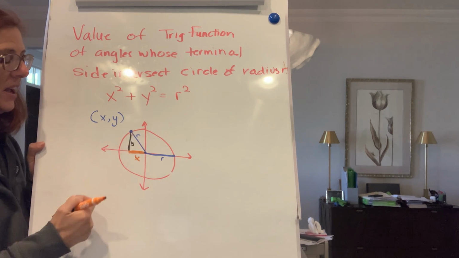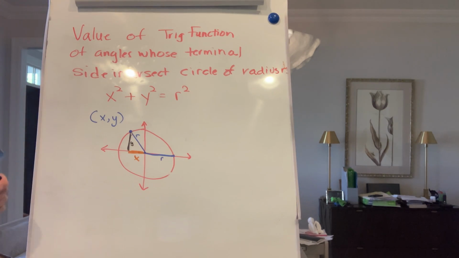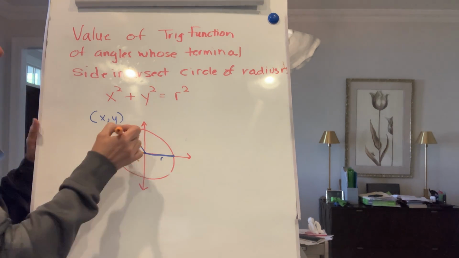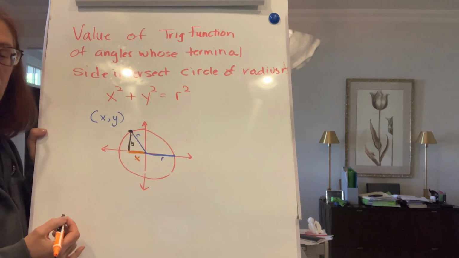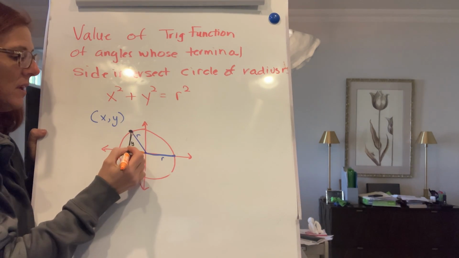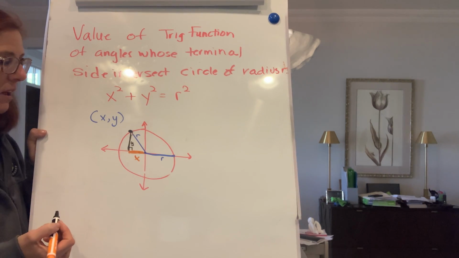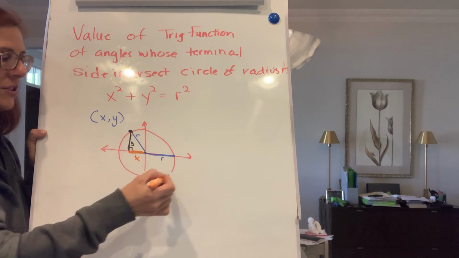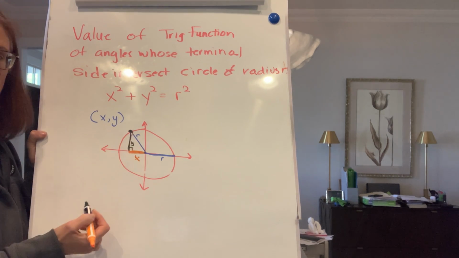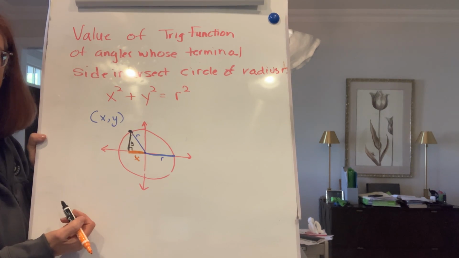So we can find r by doing x squared plus y squared equals r squared and solving for r. If we know a point, we can find the third side, because a point gives me the legs of a right triangle. I'll say that again: a point on a circle centered at the origin gives us the legs of a right triangle.